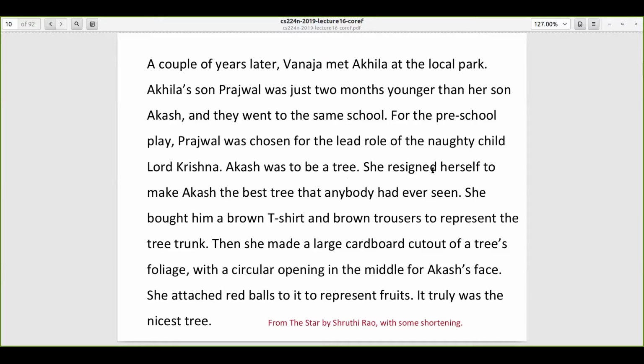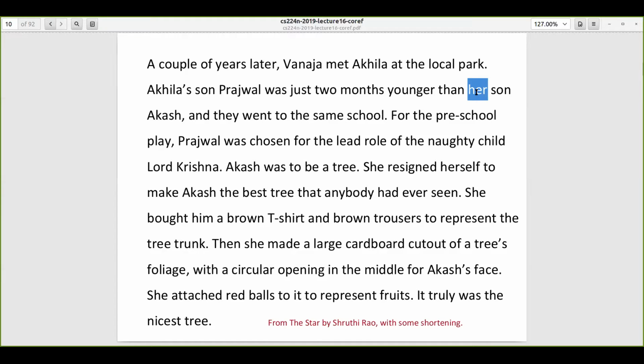So here, as we can see, we have so many words. We have so many people's names here: Vanaja, Akhila, Prajwal, Akash. When we are reading a sentence like this, for humans, it is intuitive to understand what exactly a word in the middle of a sentence is referring to. Like, for example, the word her. We have a sentence here: Akhila's son Prajwal was just 2 months younger than her son.